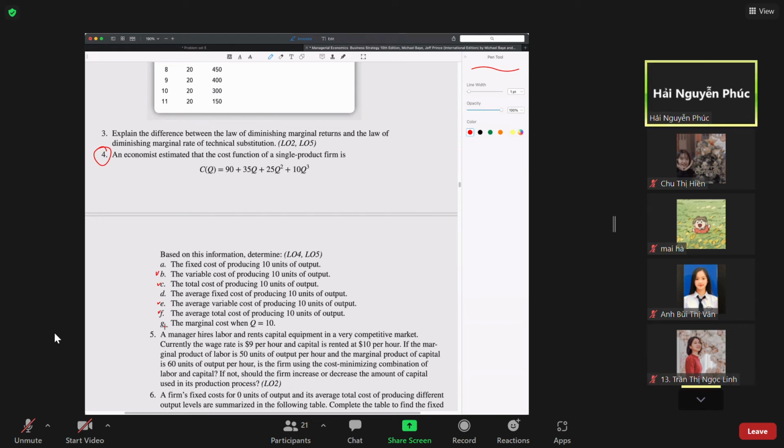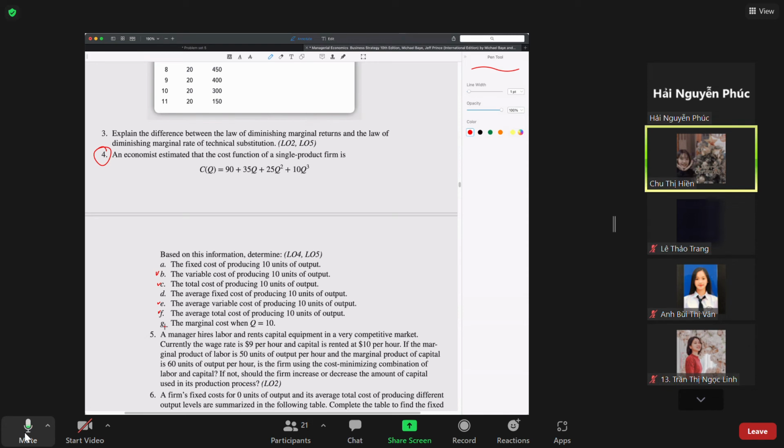Em thử tính xem. 835. Chưa chính xác. 3.535. Đúng rồi, hiện trả lời đúng rồi. Rồi, cảm ơn em.